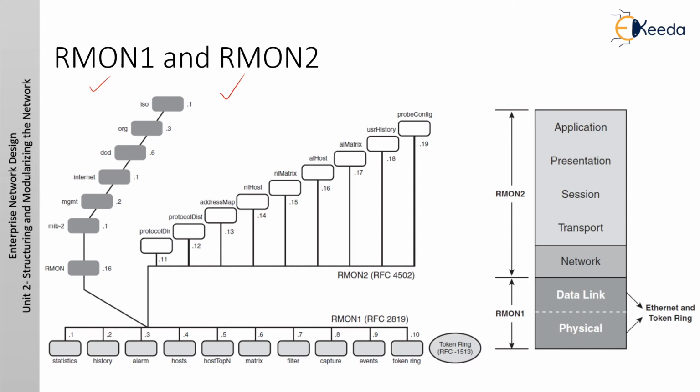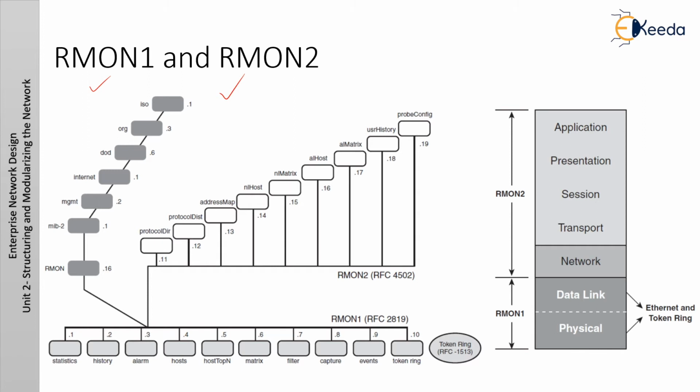RMON 2 allows the collection of statistics beyond a specific segment's MAC layer and provides an end-to-end view of network conversation per protocol. The network manager can view conversation at the network and application layer. Therefore, traffic generated by a specific host, or even a specific application, for example a telnet client or a web browser on that host, can be observed.